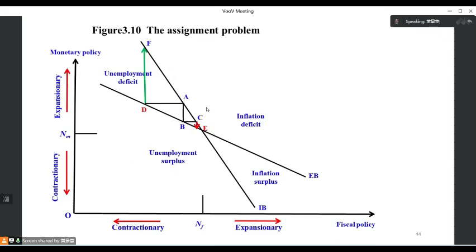In this diagram, we can find under the line IB, there is a condition of unemployment, and over the line IB, this country has inflation. Let's see the line EB.